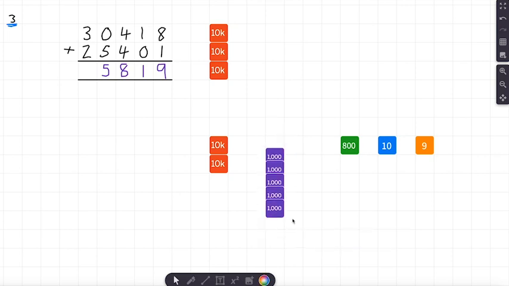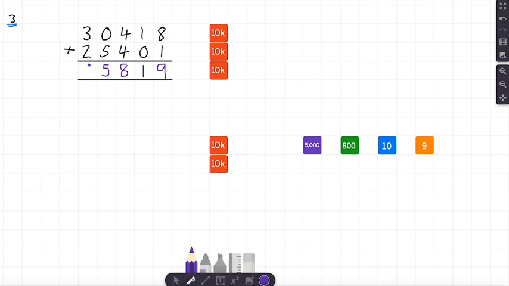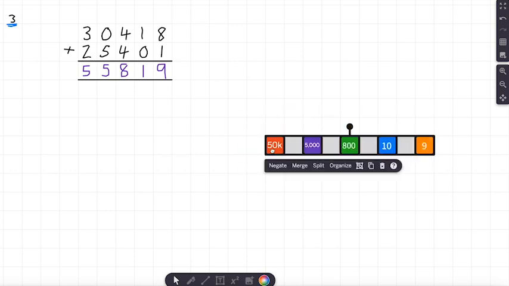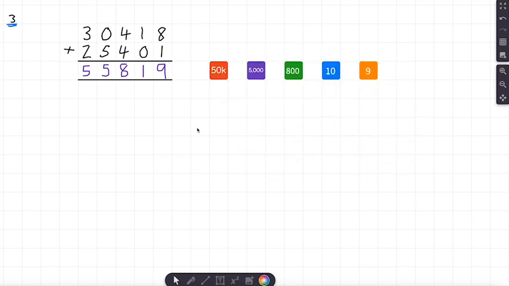And there's our 5,000 merged together. And with the 10,000s column, we have 3 plus 2 is going to give us 5, or 30,000 plus 20,000 is going to give us 50,000. So overall, we have as our total 55,819.